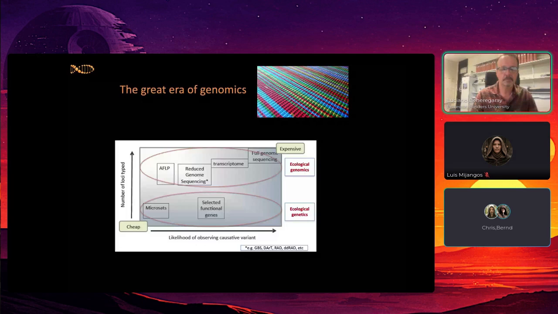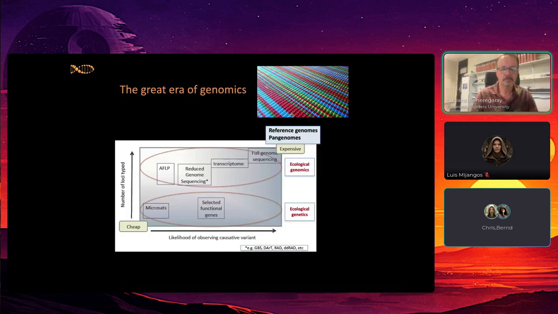And it's quite clear these days that if you go to the top right section of this plot, and especially if you can work with full genome data sets and important resources, I'm talking here about very good quality genome assemblies that come together with annotation of functional regions.